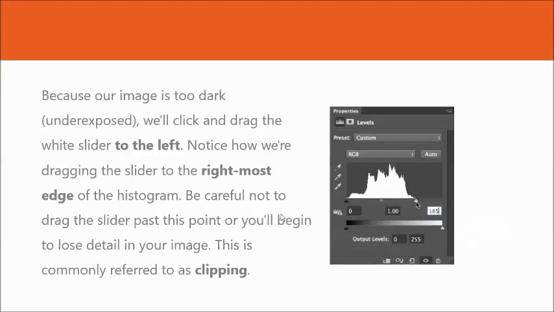Because our image is too dark or underexposed because of the camera setting, we'll click and drag the white slider to the left. Notice how we're dragging the slider to the rightmost edge of the histogram. Be careful not to drag the slider past this point, or you'll begin to lose detail in your image. This is commonly referred to as clipping.